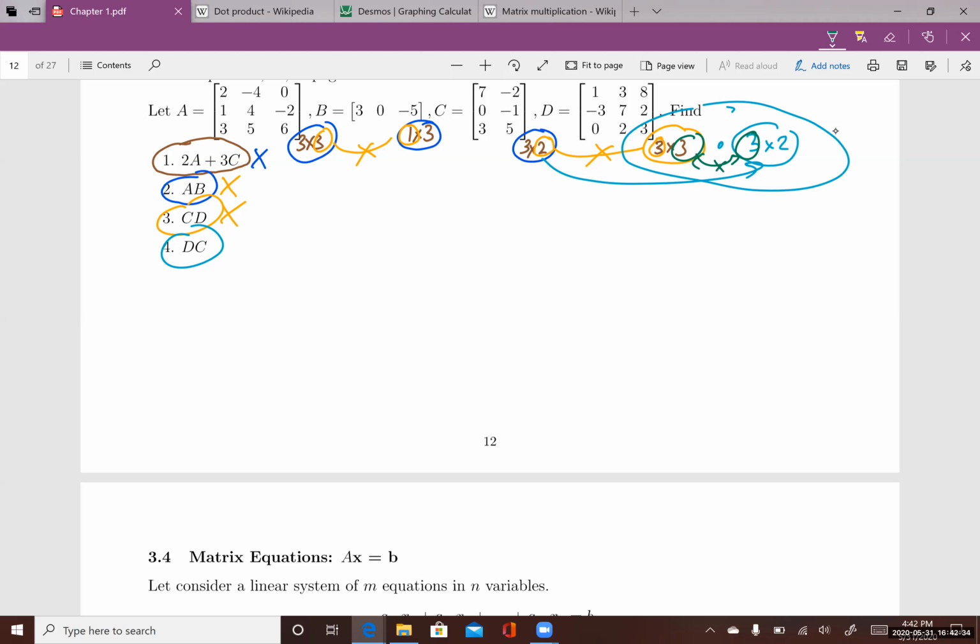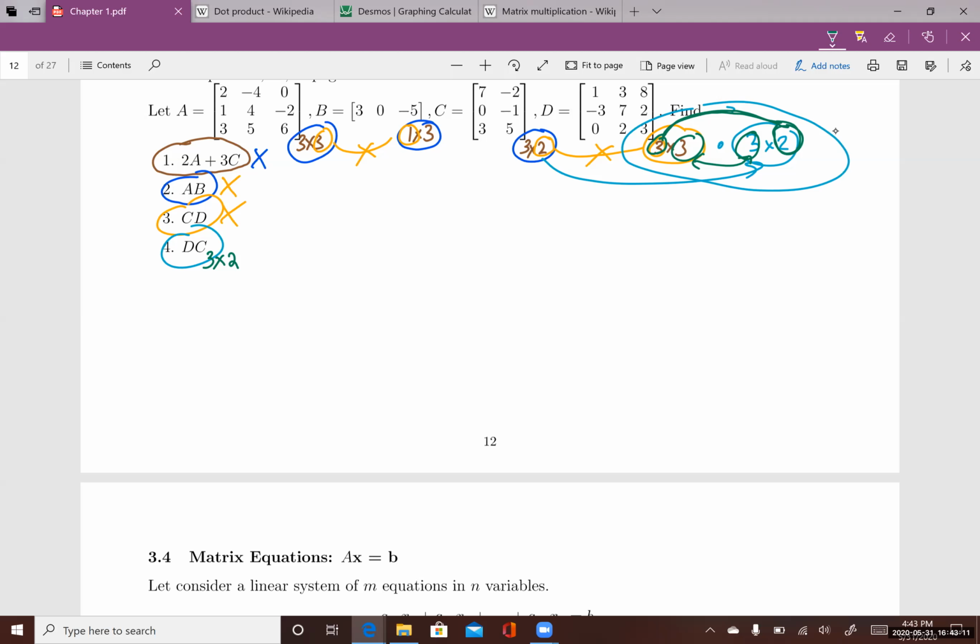That means we can go ahead and do this matrix multiplication. The result should have the dimensions of 3 by 2. So the product D times C is doable, and its dimensions are 3 by 2. Let's go ahead and try this matrix multiplication.